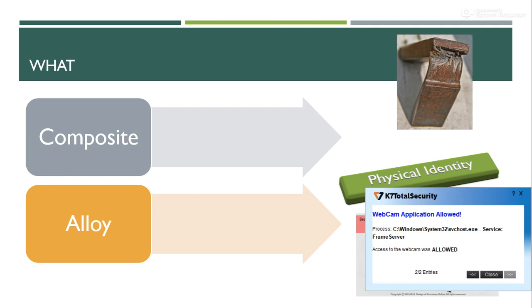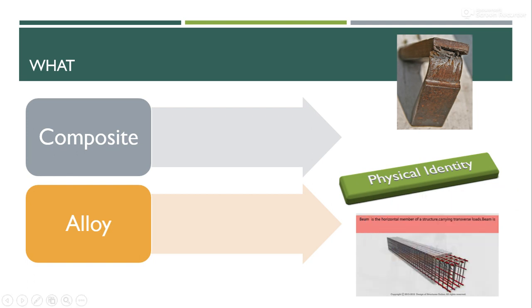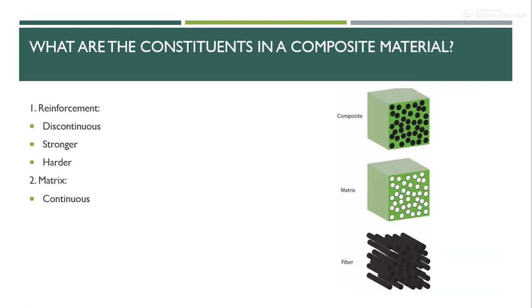Here we can't separate it with the naked eye and say this is iron, this is carbon, this is chromium, this is nickel. These are the elements we have in it. Even after combination, every metal loses its physical identity in the alloy, but in the composite we do have a physical identity even after combination.